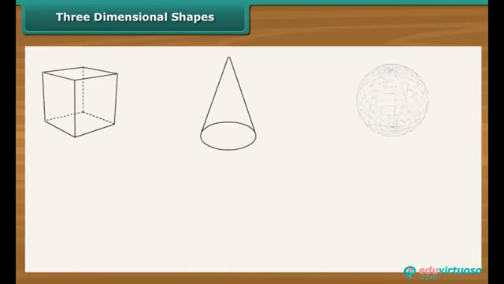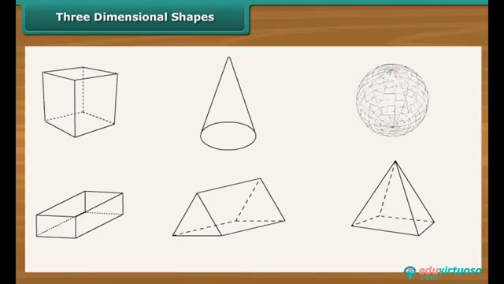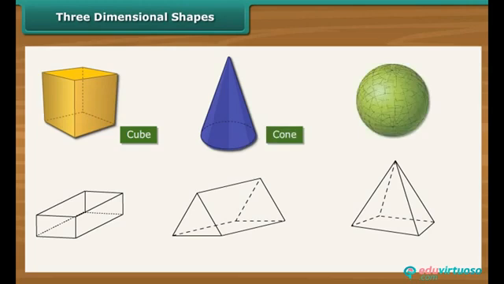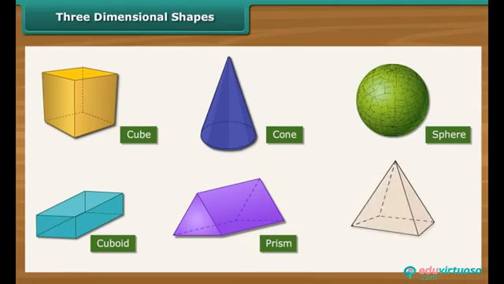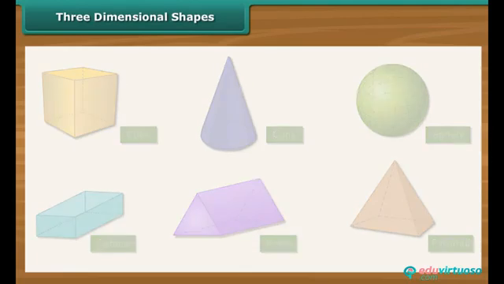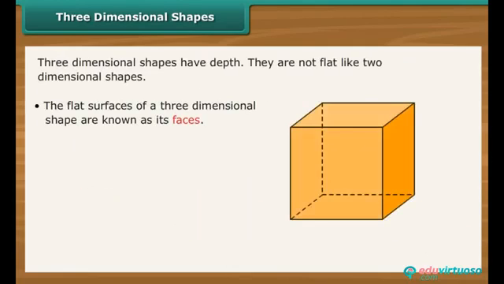Three-dimensional shapes. Three-dimensional shapes have depth. They are not flat like two-dimensional shapes. Examples of three-dimensional shapes are cube, cone, sphere, cuboid, prism, pyramid, etc. The flat surfaces of a three-dimensional shape are known as its faces.